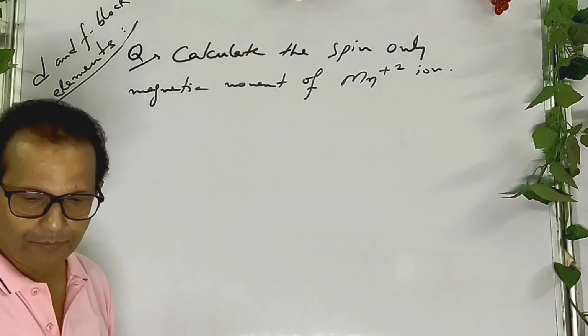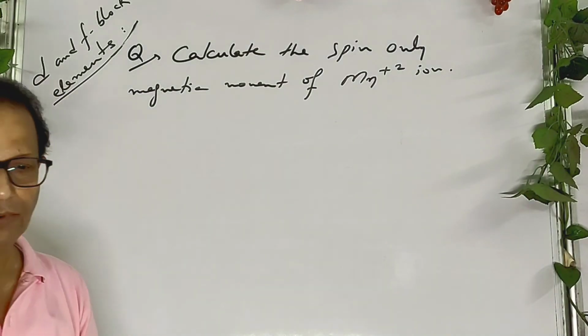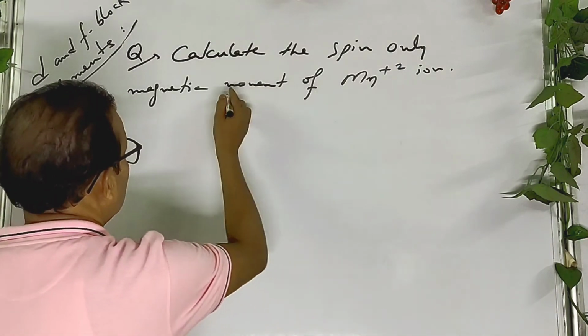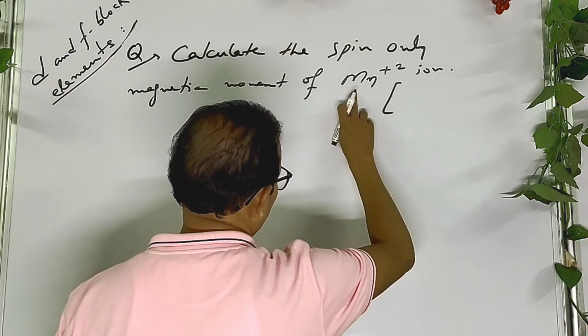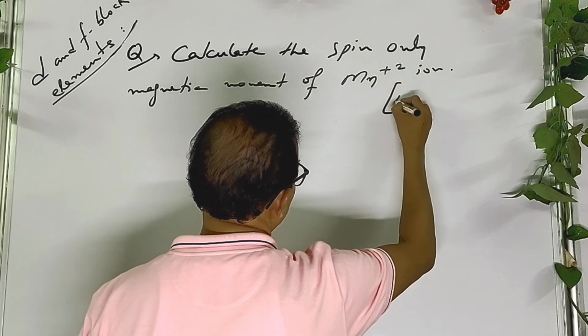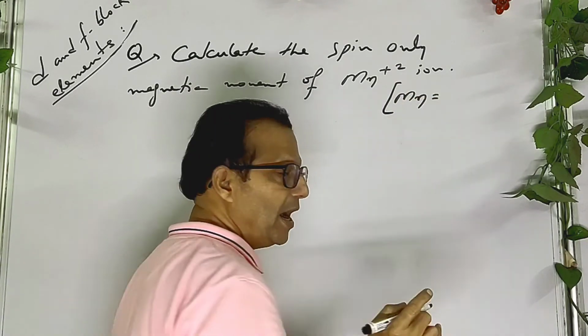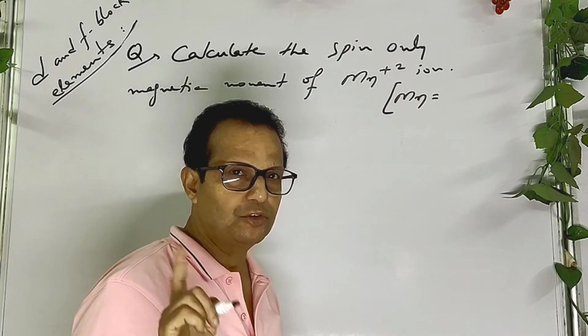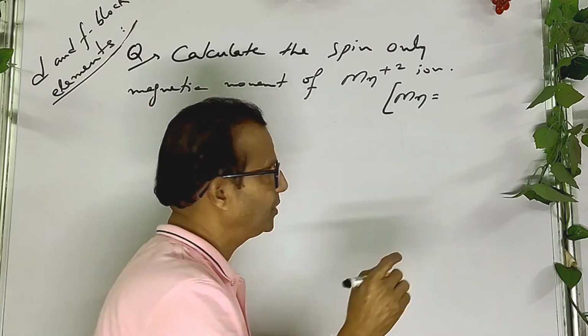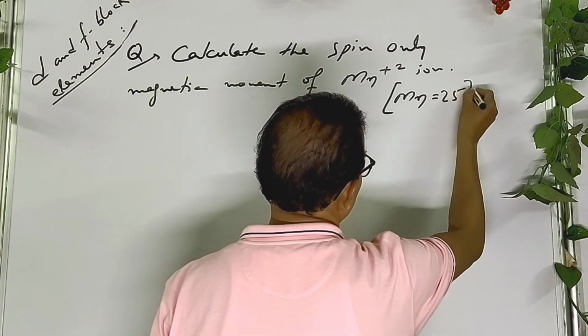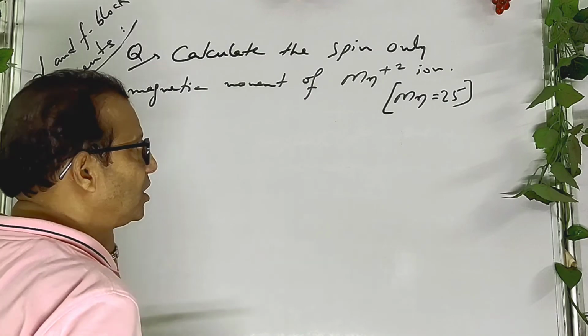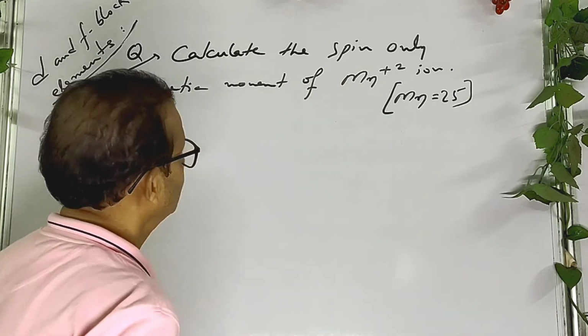Okay, calculate the spin only magnetic moment of manganese +2 ion. Sometimes the atomic number of manganese is given, sometimes not. So you have to remember the atomic numbers from scandium, that is 21, to zinc 30, remember it. Here 25 atomic number is given, but sometimes if it is not given, you can't write the answer.